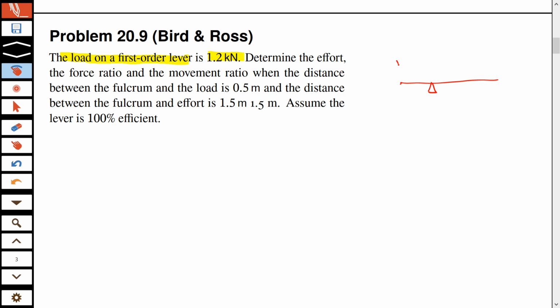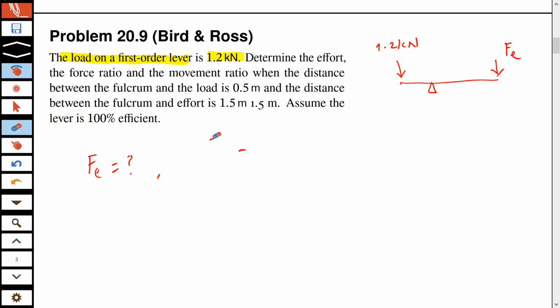So let's say this load is 1.2 kilonewtons. Determine the effort. Now effort, because fulcrum is in between, will also be downward. So let's call this Fe, and the force ratio. So Fe is to be calculated and the force ratio is to be calculated.